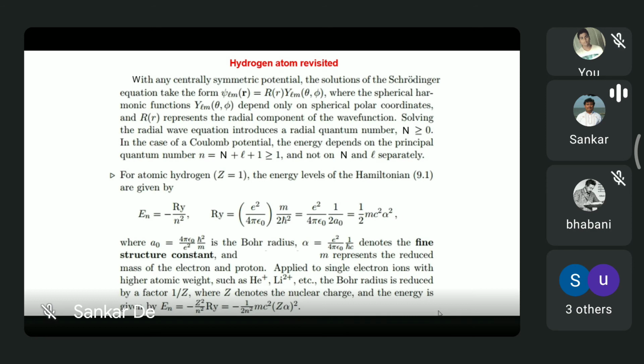So the energy depends on 1 by n square, where we can define Ry as 1/2 of m c square alpha square, which depends on the Bohr radius a0, 4 pi epsilon 0 by e square times h bar square by m. And alpha is the fine structure constant, which is e square by 4 pi epsilon 0 times 1 by h bar c. So this is also clear.